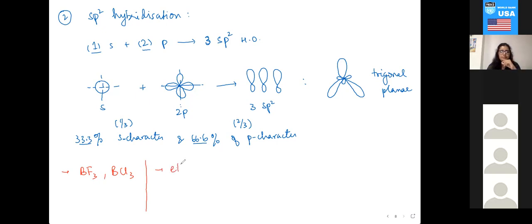Do you guys remember this compound called ethylene, also called ethene? C2H4. Correct. In this, carbon undergoes sp2 hybridization. How do you figure out that it's sp2 hybridization? I'll just draw it freshly here.